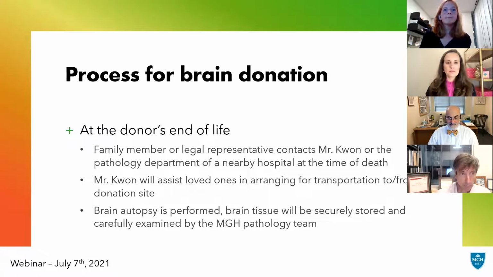Now, donated brain tissue will be stored and examined carefully by the MGH pathology team led by Dr. Frosch. And just like Dr. Frosch mentioned, any contribution to the brain donation program will be de-identified to protect our donors' privacy.